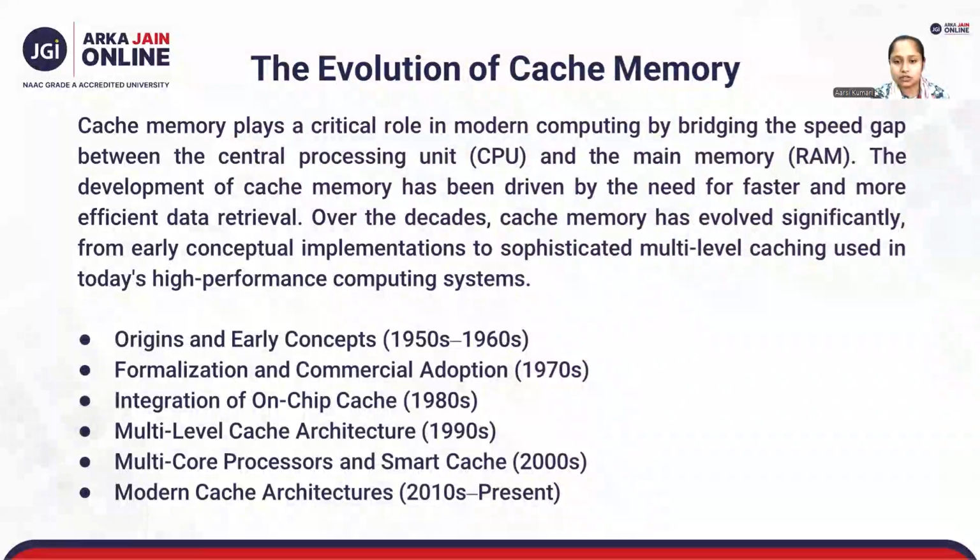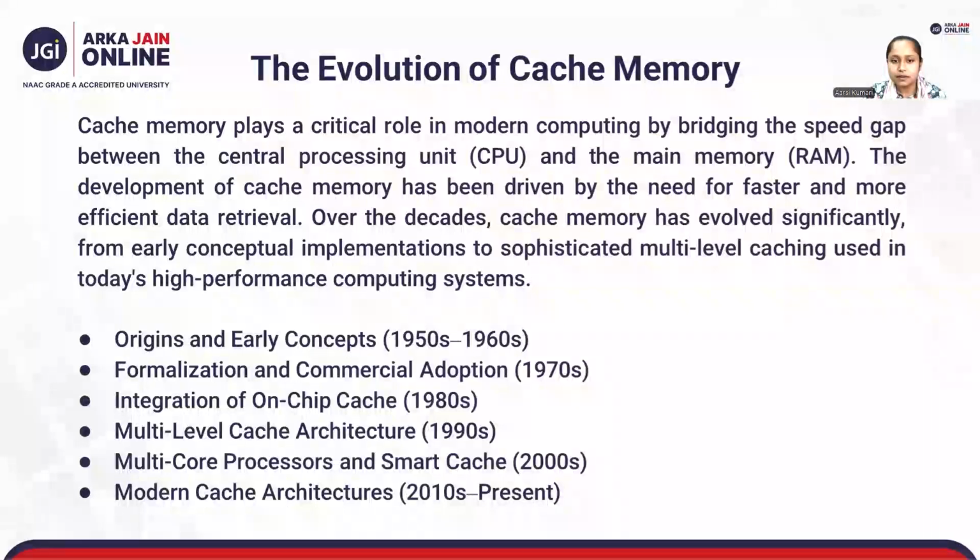Adaptive cache allocation: Intel's Cache Allocation Technology (CAT) optimizes cache use dynamically based on workload demand. Infinity Cache: in the 2020s, AMD introduced Infinity Cache, a high-bandwidth cache system used in GPUs to boost graphics processing speed.